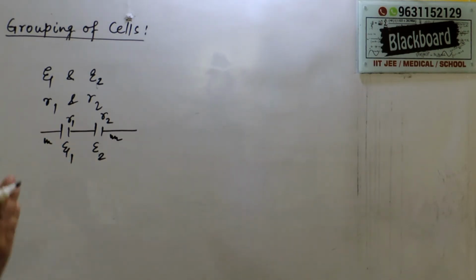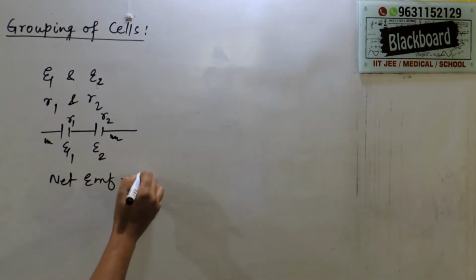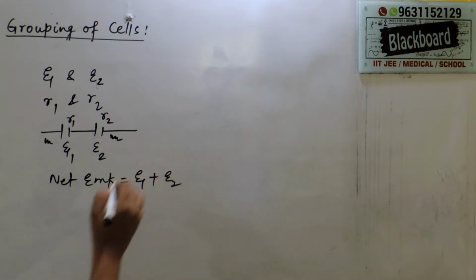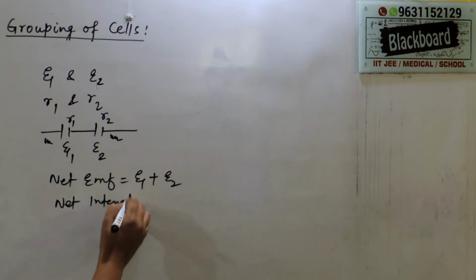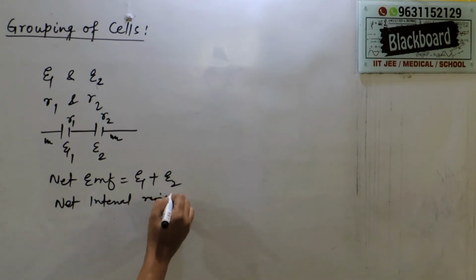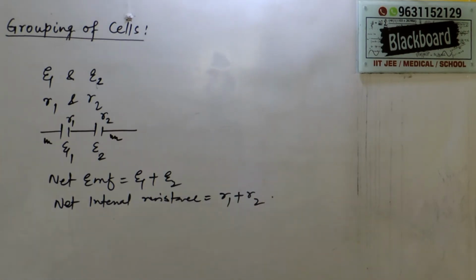If two cells are connected in series, then net EMF is equal to E1 plus E2, and net internal resistance is equal to R1 plus R2.